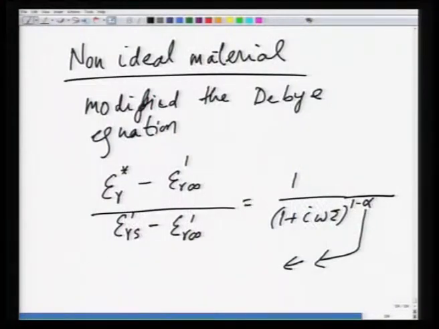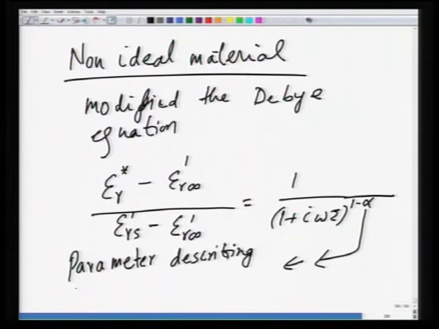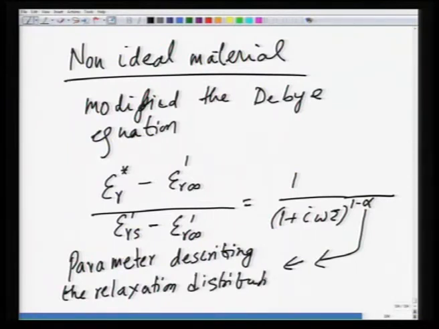So, this alpha is a parameter describing the relaxation time distribution in the material. Okay.